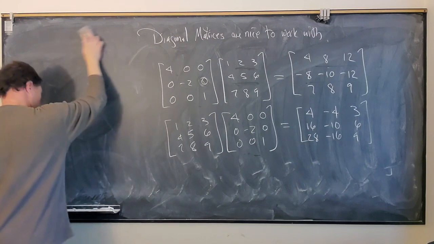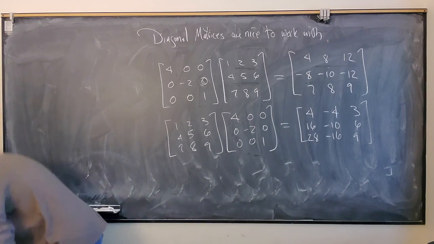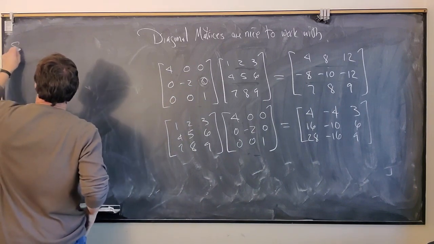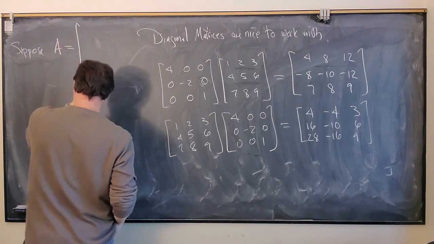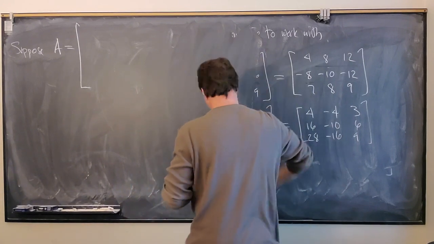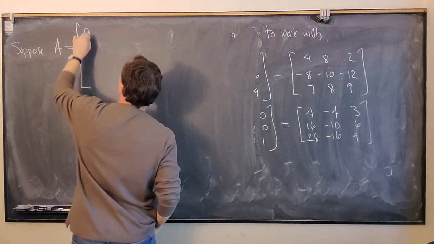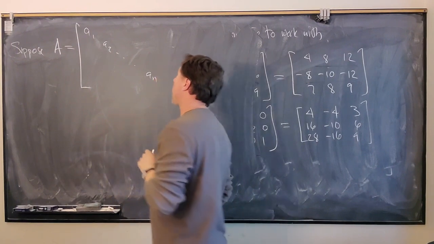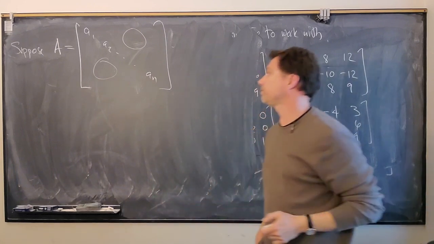Also, here's another nice thing about diagonal matrices. Suppose that A is the diagonal matrix, and I just want to write this out in general, a generic one. So a1, a2, dot, dot, dot, down to an. So the diagonal entries are the ai, and I have zeros everywhere else in my matrix.